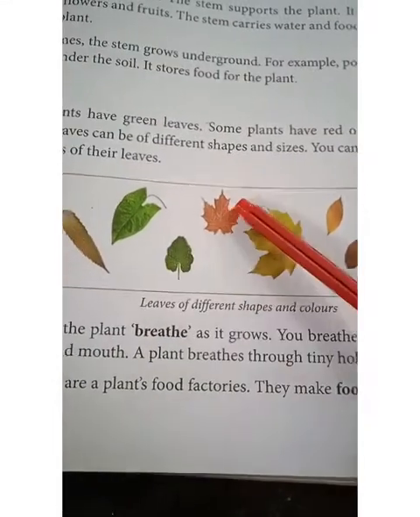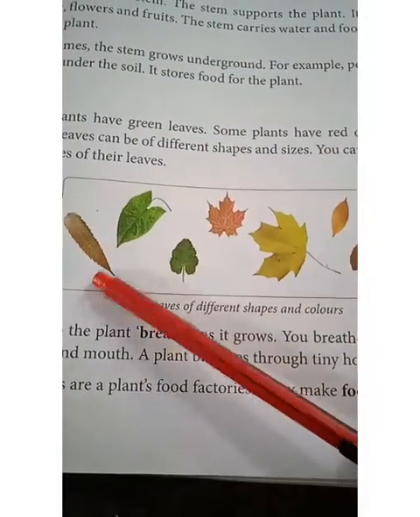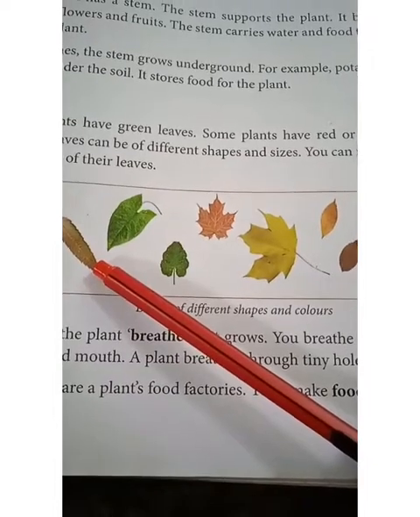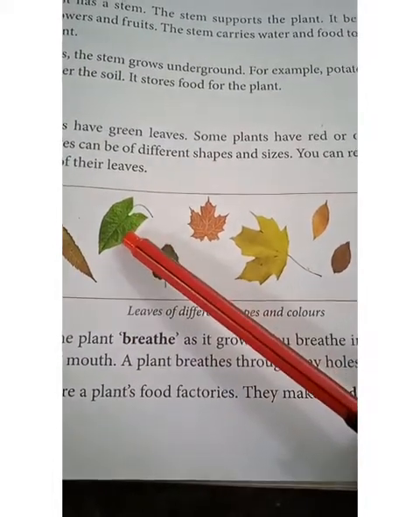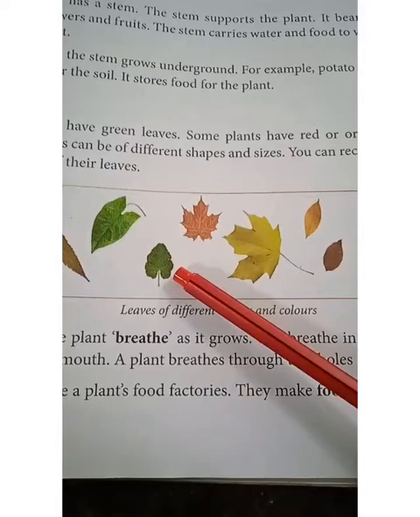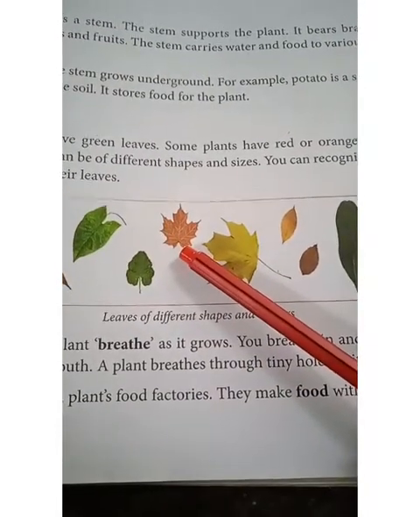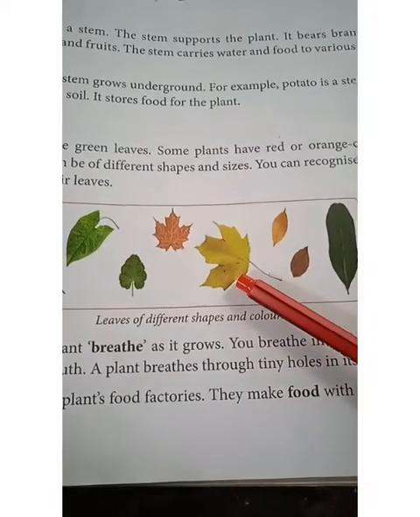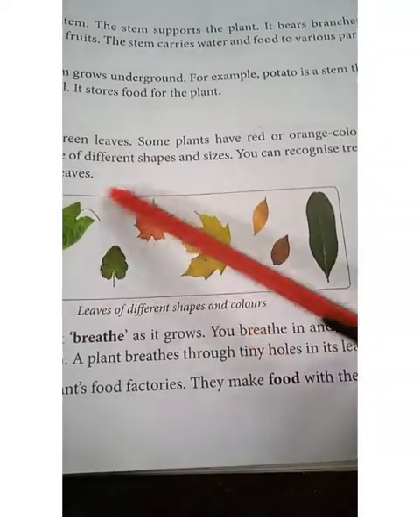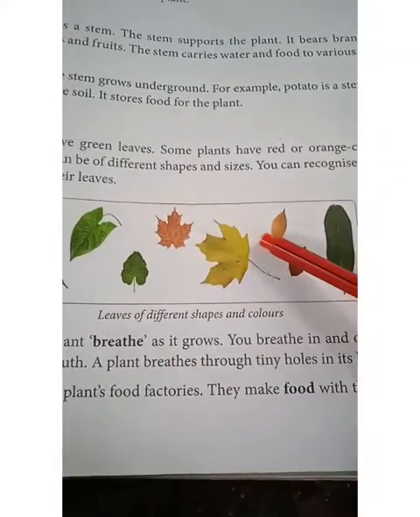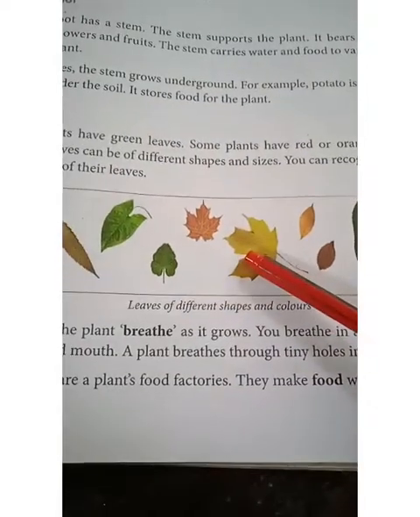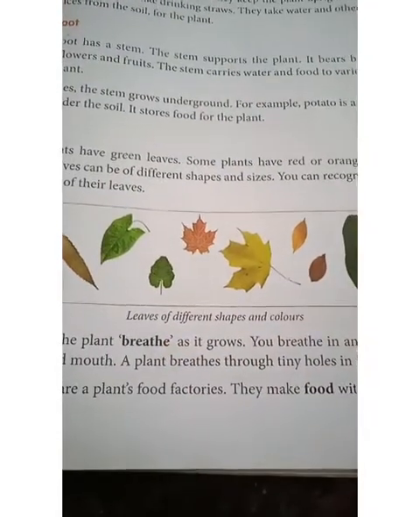The leaves are different shapes and colors. This is one type, this is another type, and this is another type. So the leaves are of different shapes and colors. Mostly leaves have green color.